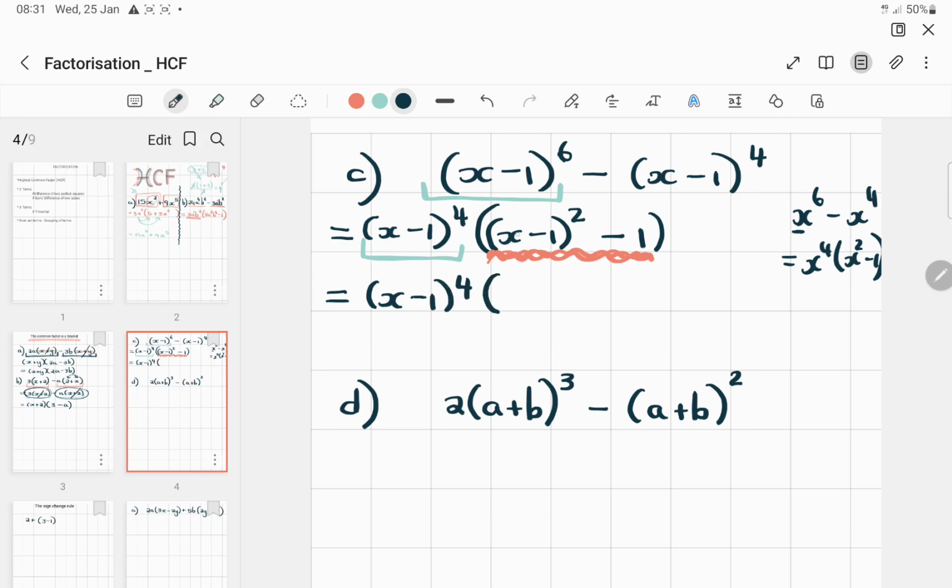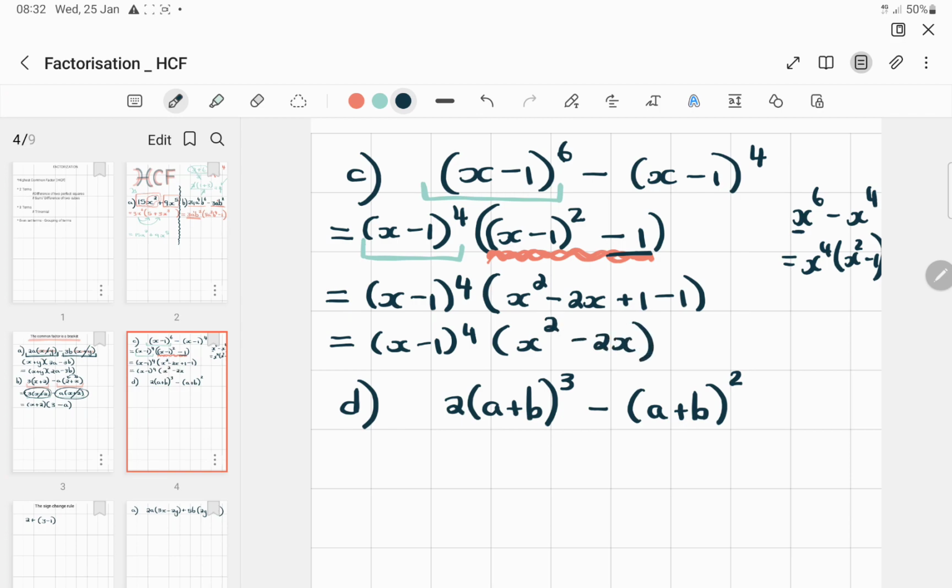I'm going to do the quick way that I explained in my previous video: x^2, a negative 1 times x is negative x, times 2 is negative 2x, and negative 1 squared gives you a positive 1, and then that minus 1 still. Then I'm going to clean up further. What is left? x^2 − 2x, because the plus 1 minus 1 falls away. And that is your final answer.